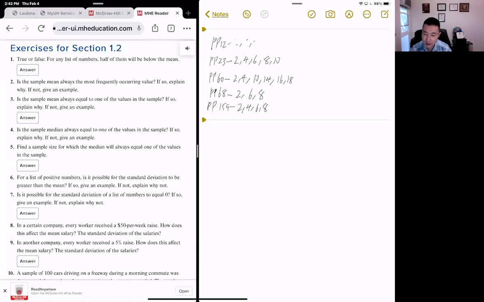Is the sample mean always the most frequently occurring value? By the way, the most frequently occurring value is not the sample mean; it's called mode.